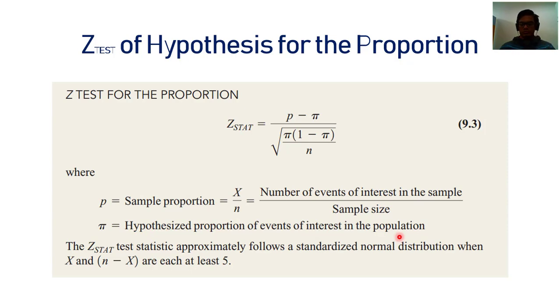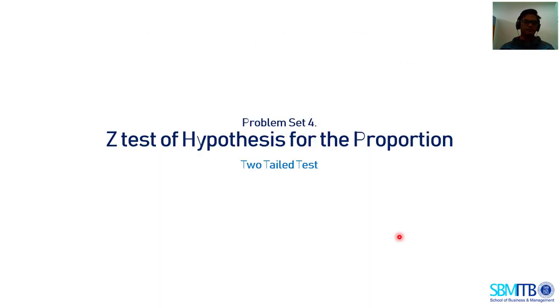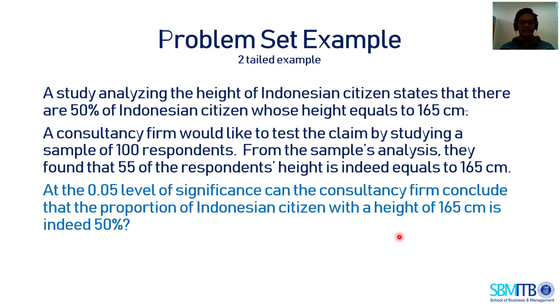So let's go directly to the problem set. A study analyzing the height of Indonesian citizens states there are 50% of Indonesian citizens whose height equal to 165 centimeters. A consultancy firm would like to test the claim by studying a sample of 100 respondents.